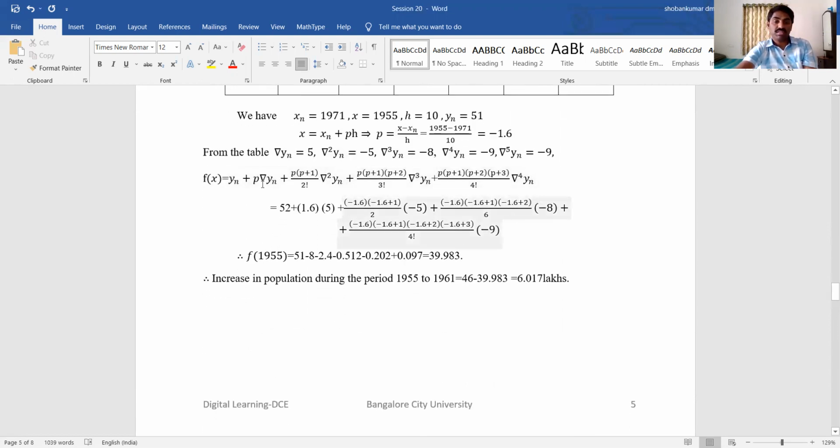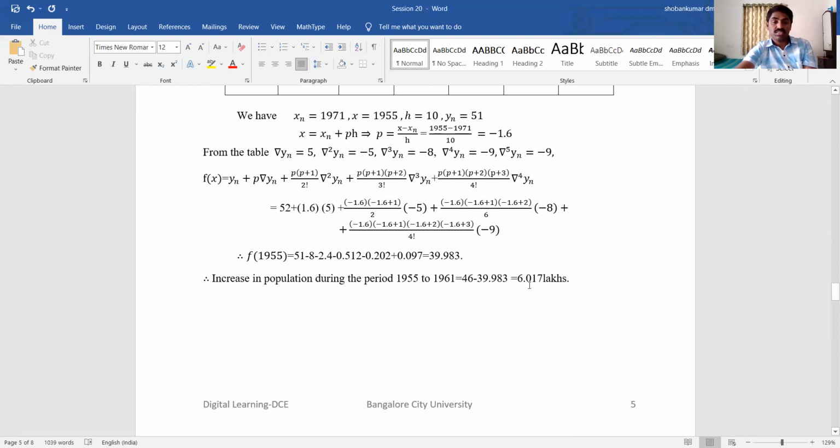We can write down the backward interpolation formula and substitute all the values. Simplify. We get the population at 1955 is 39.983 lakhs.